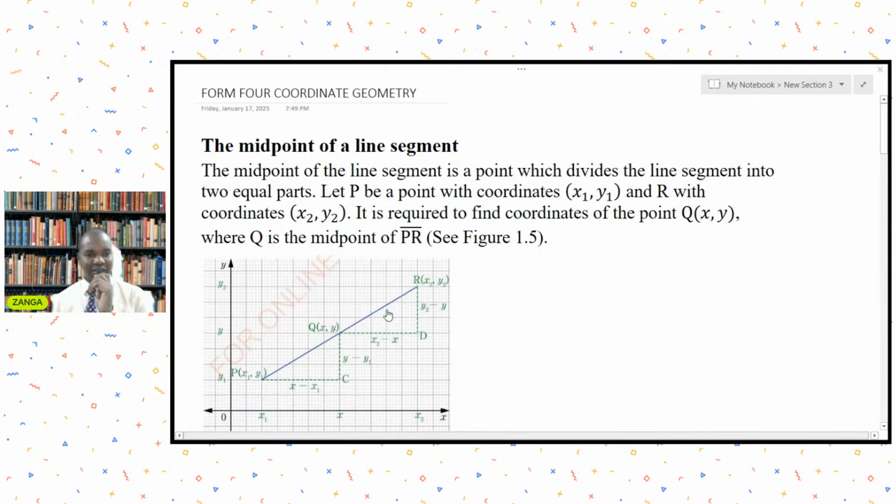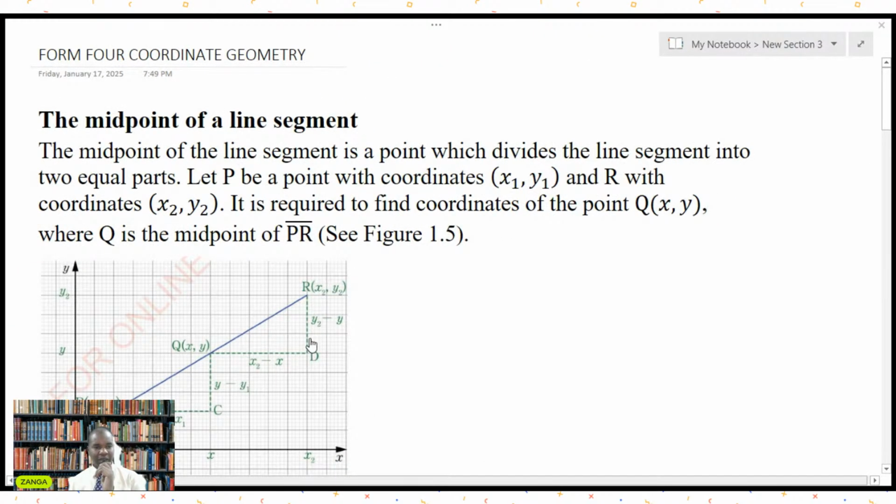Nikukaribishe tena na tunaanza rasmi session ya leo kama ifuatavyo.